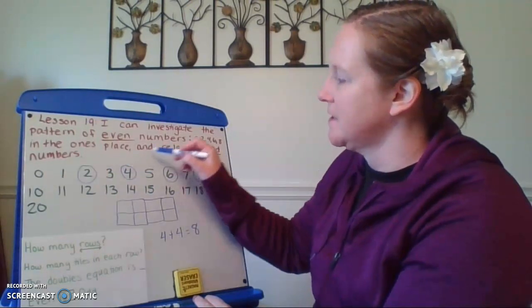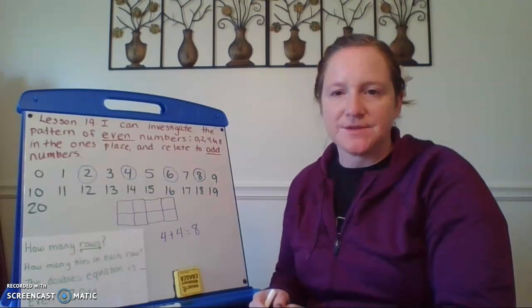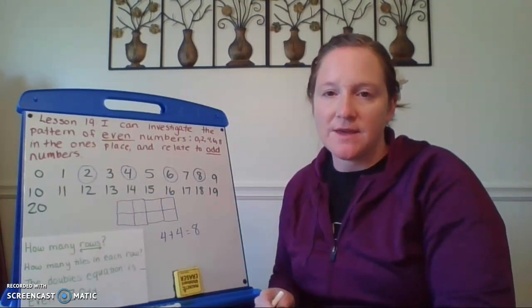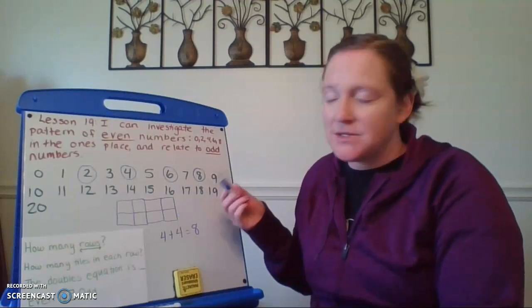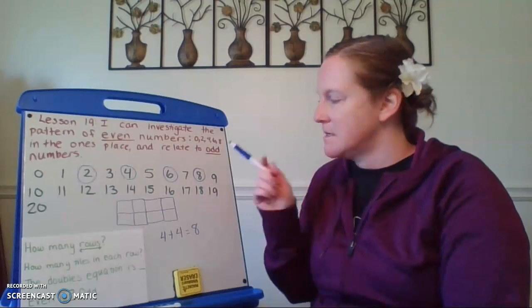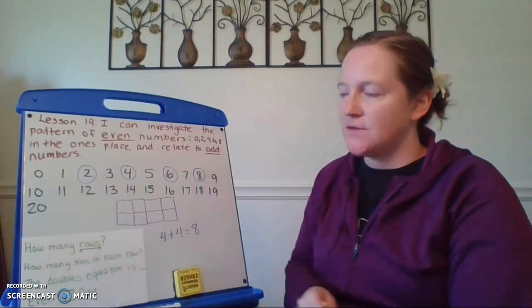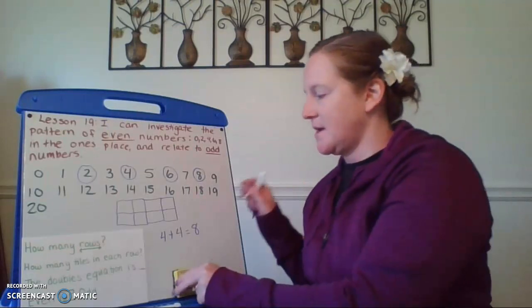Yeah, it's every other one, right? What do we know about even numbers? Well, you can be thinking that they have a partner. And when you skip count by 2s, it's 2, 4, 6, 8. Wonder what happens when we get over to that side if there's a 0 in the ones place. Let's find out.